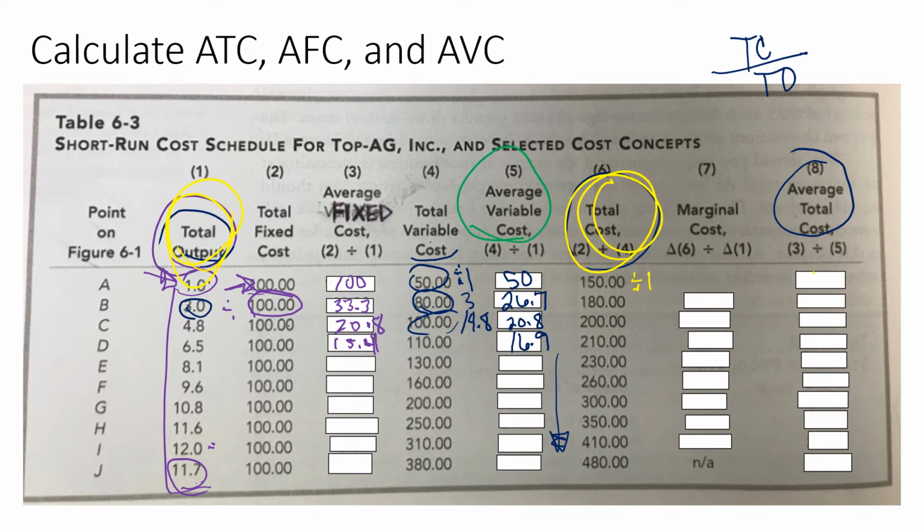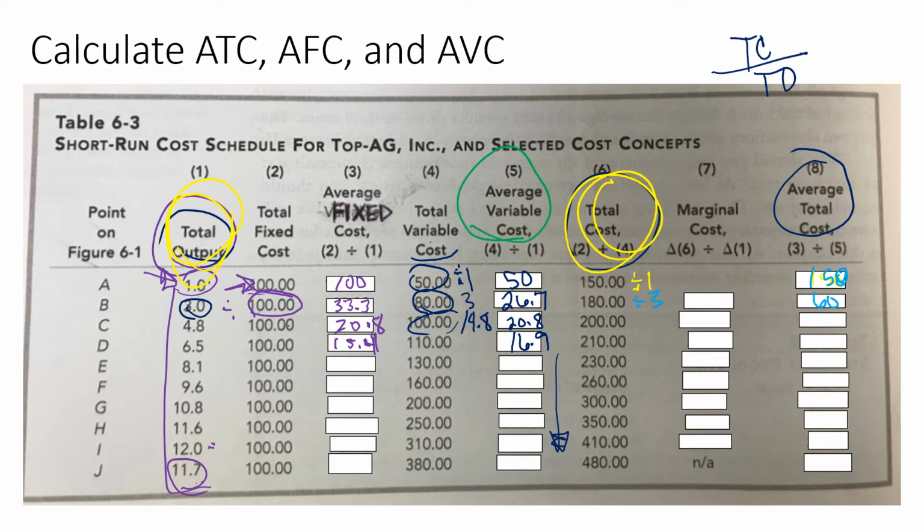So our average total cost is going to be 150. Second one, we have 180 divided by 3, which is going to be 60.